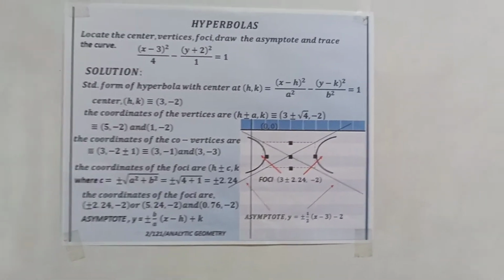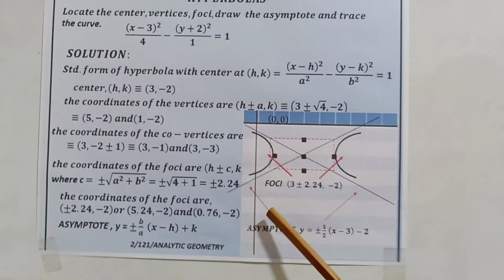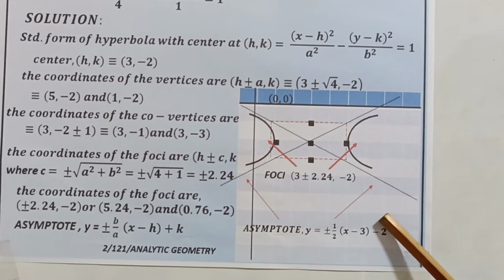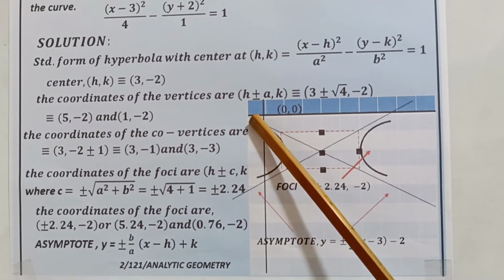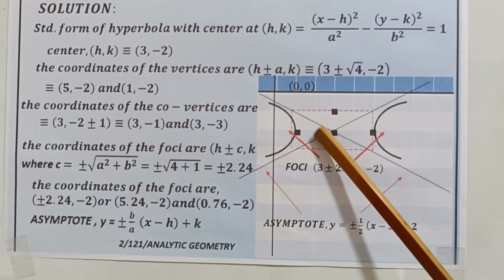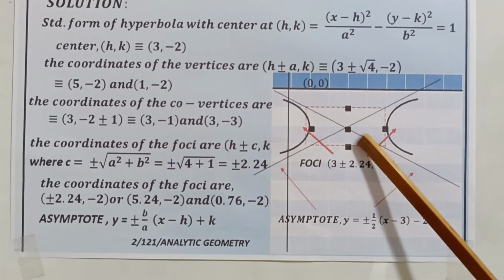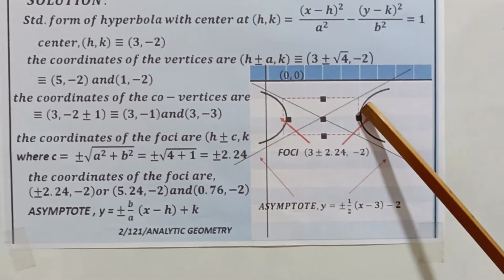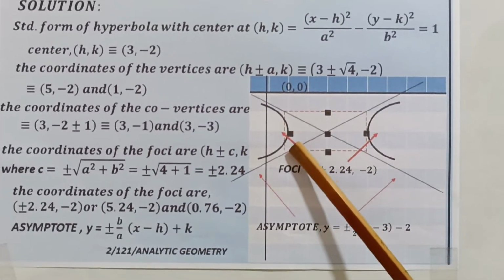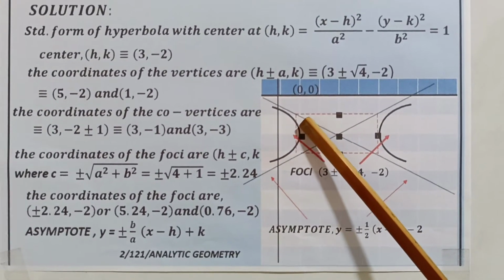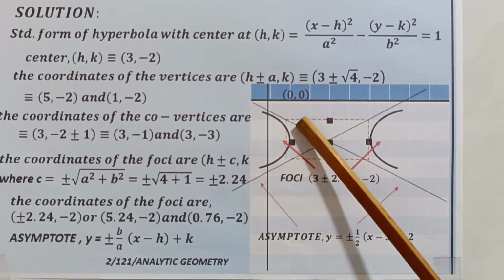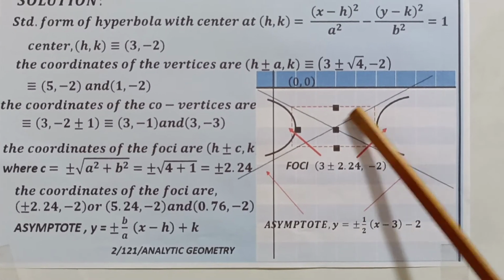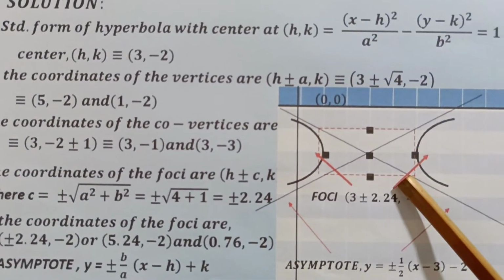So the asymptotes, no? We can draw the asymptotes by connecting the diagonals of the imaginary rectangle here, connecting all these four points, passing through the points of the vertices, no?